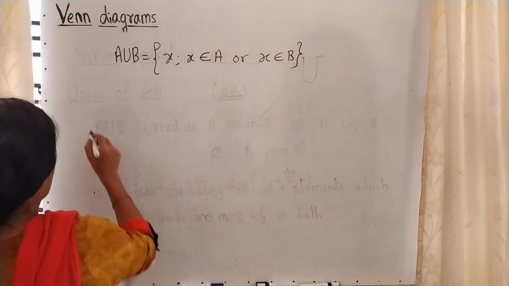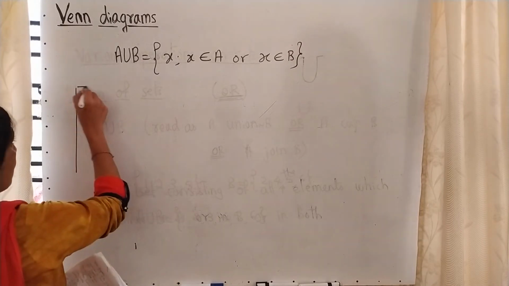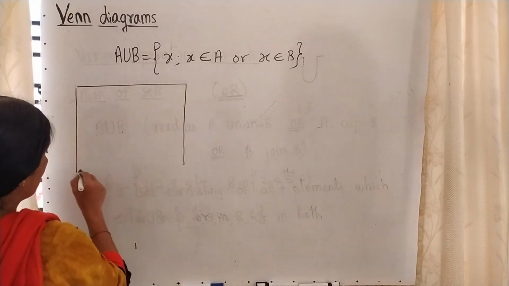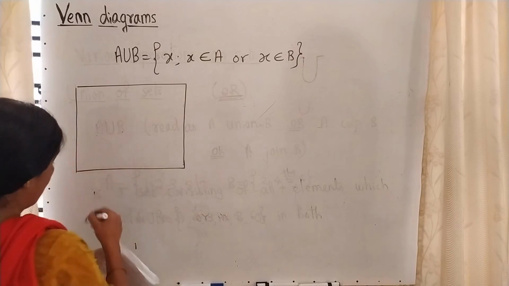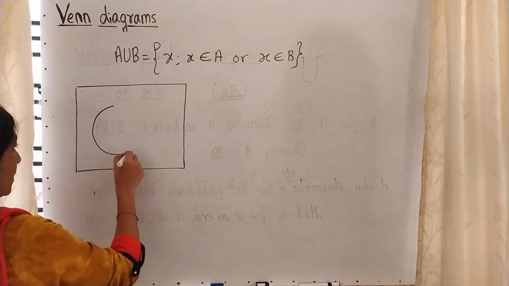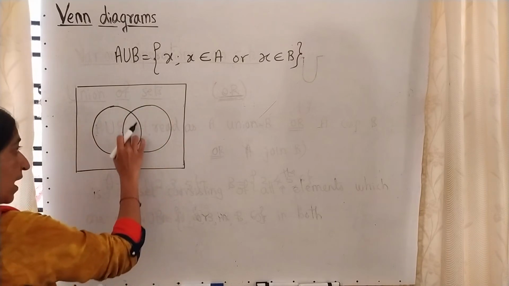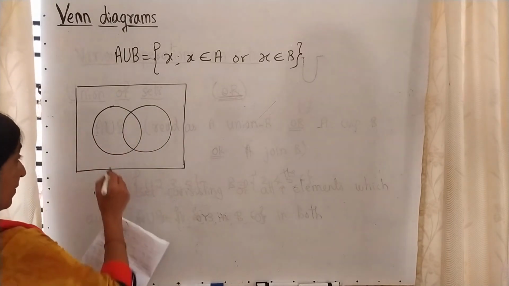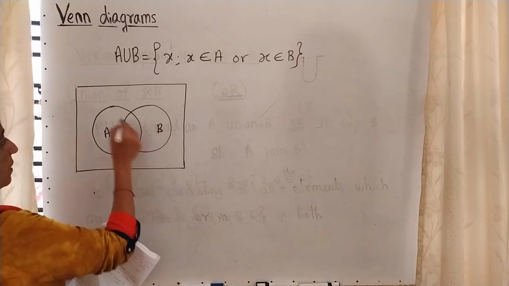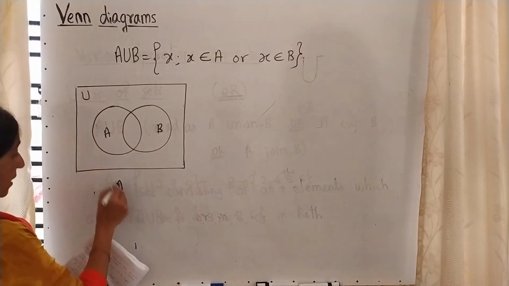Now the figure. Suppose in two sets some common elements are there. At that time the sets are represented like this. This part represents the common elements. This is set A, this is set B, this is the universal set.